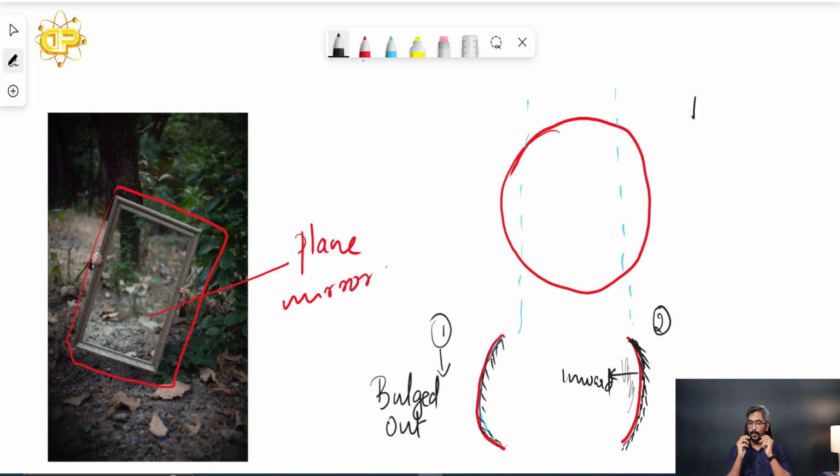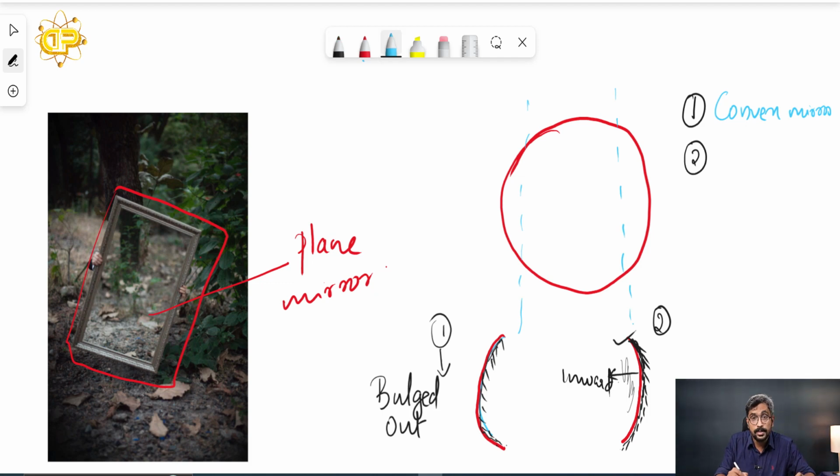You get two mirrors there. The first mirror you obtain is known as a convex mirror, whereas the second mirror, in which the reflecting side is inward, is known as a concave mirror.